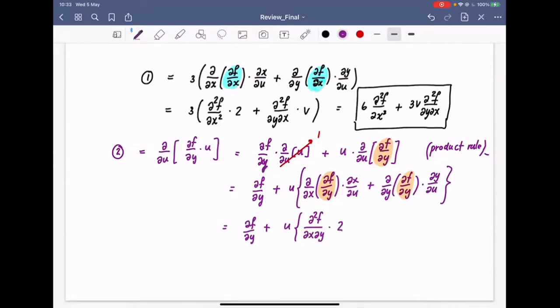Right, the same thing as before. And then plus ∂²f/∂y² times ∂y/∂u, you already computed, this is v. Okay, simplify it. So you get ∂f/∂y plus 2u ∂²f/∂x∂y, and then plus uv ∂²f/∂y².